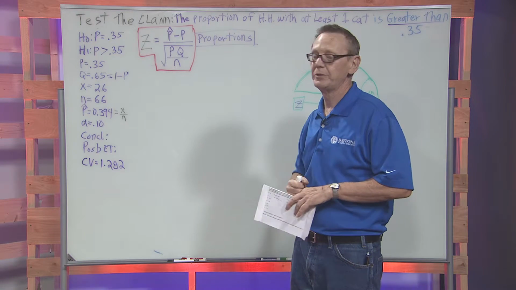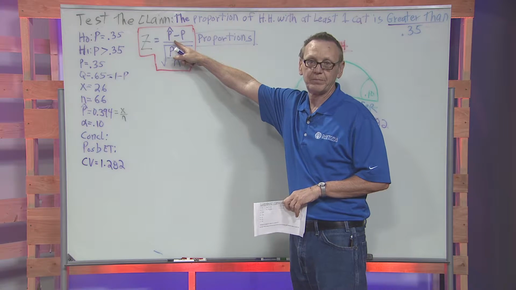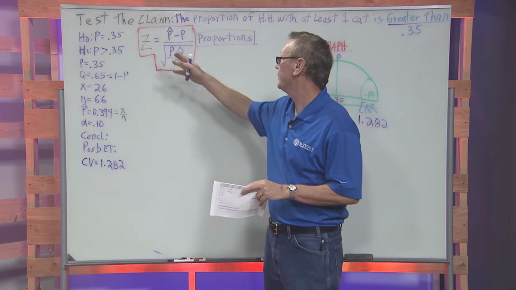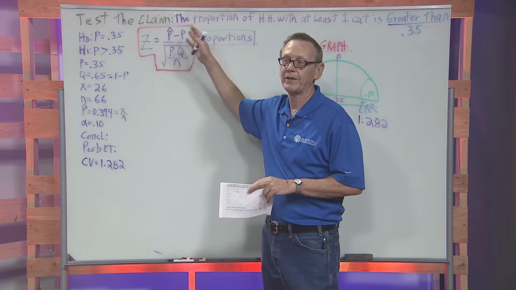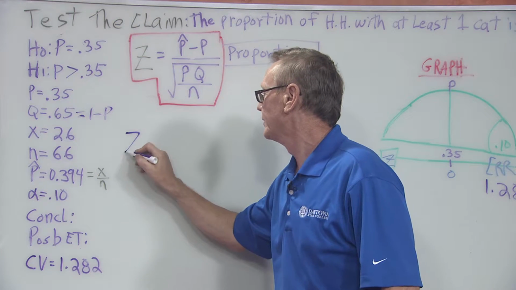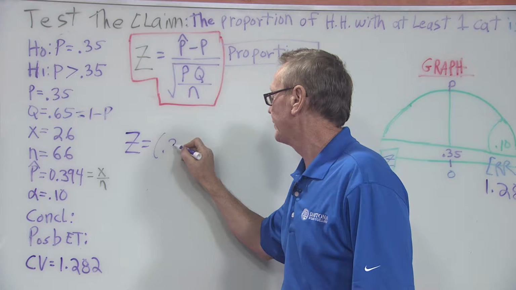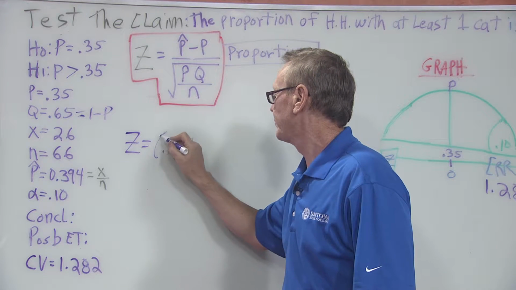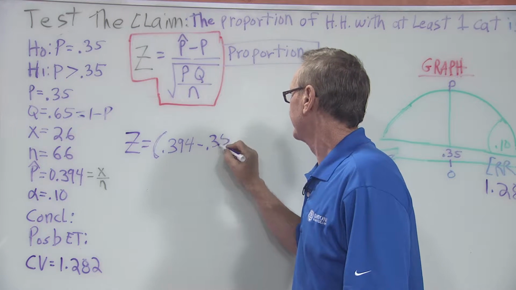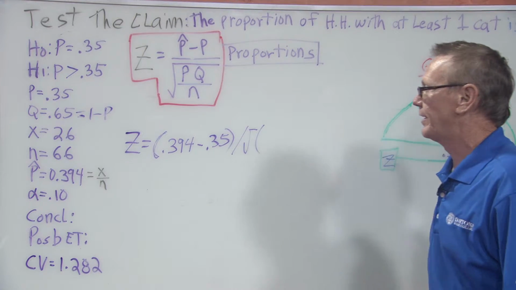We're ready now to apply the formula. Okay, so I need my sample. It's a proportion. It's almost like a sample mean, just a different word. So it's like having a sample mean and a population mean, but it's proportions. So sample proportion, 0.394. Start this off with a parenthesis and subtract the population proportion, and then we divide.